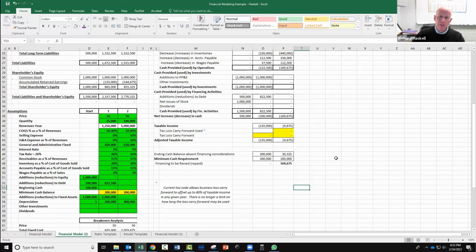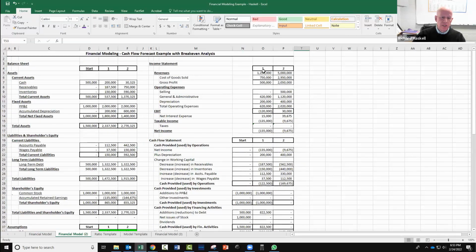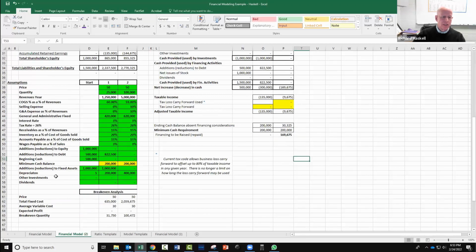Before just adding that into long-term debt or adding it into new equity contribution, let me show you what has to happen if you're making a change in any one of these sheets. We have the income statement, the balance sheet, the cash flow statement, and our assumptions tab.